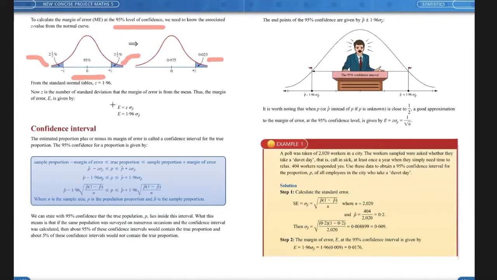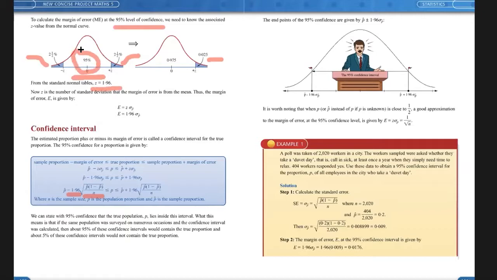Okay, so your margin of error is the square root of P hat (1 minus P) over n. But to be 95% confident, we multiply it by 1.96. And what you'll find is 1.96 is the Z-score equivalent for 0.95.